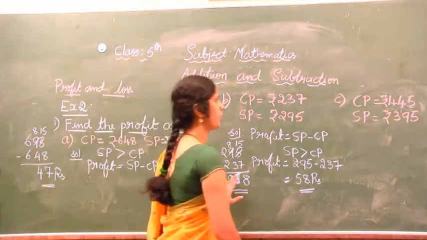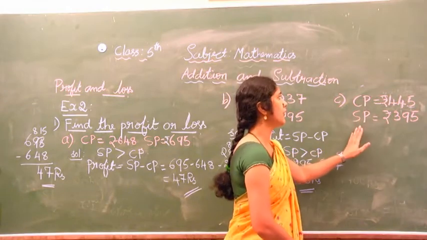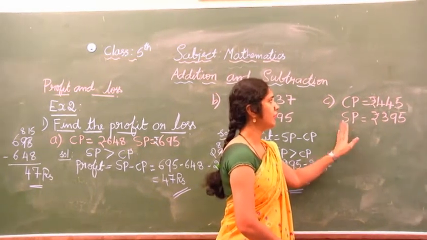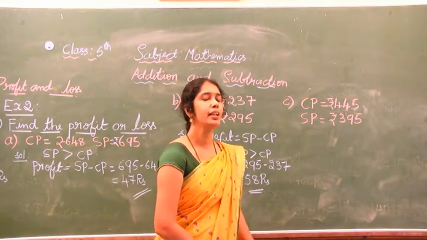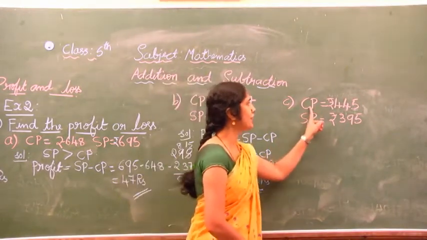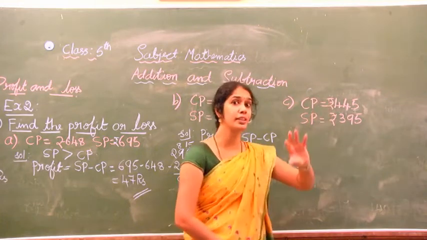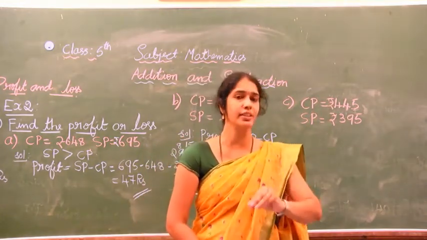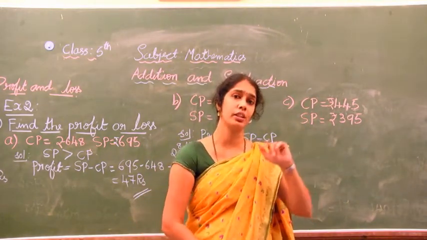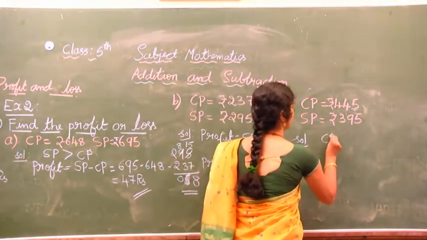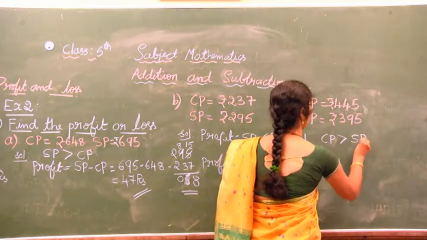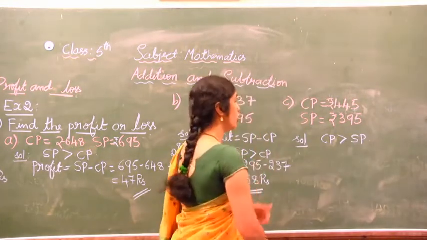Next. Here also you can observe, CP or SP, which is greater? Yes, you are right. Here cost price is greater, selling price is less. Then what you will get, profit or loss? Yes, loss. Here CP is greater than SP. So I think you can do it as homework.